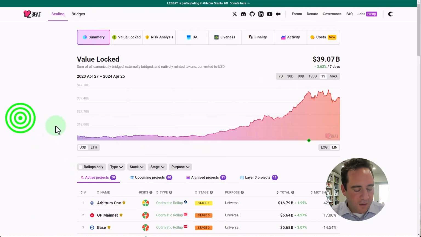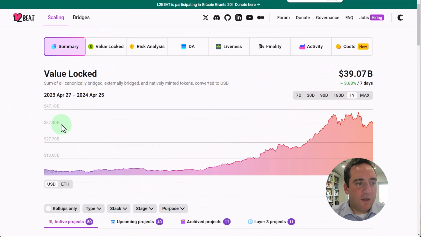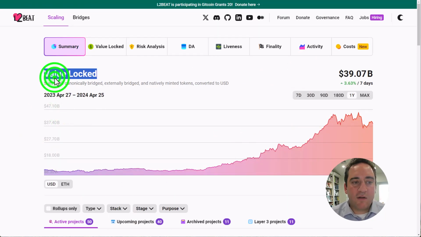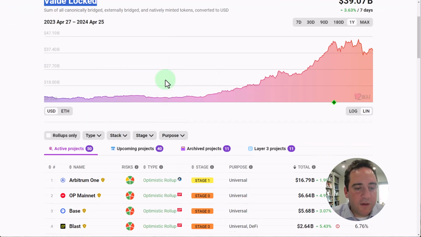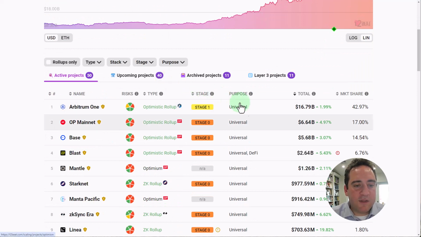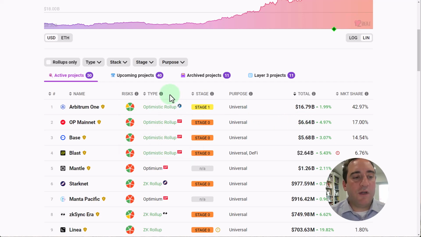This basically gives you the ability to look at how much value is locked across the Ethereum-based layer 2 ecosystem. Arbitrum One has 16 billion. Optimism has 6 billion, right? And it tells you exactly what type of optimization routine and rollup is being used.